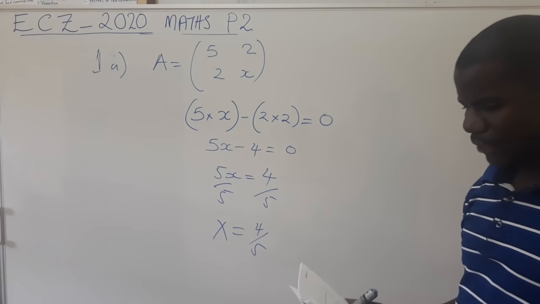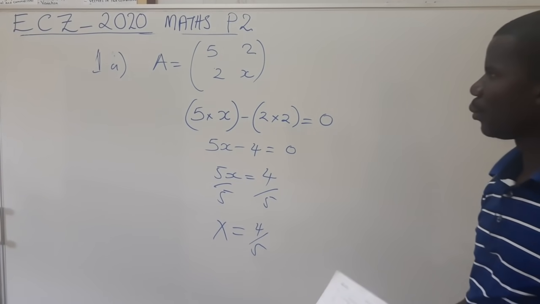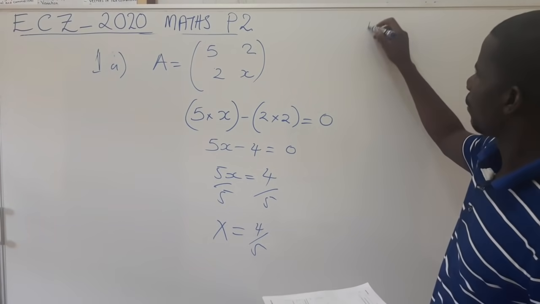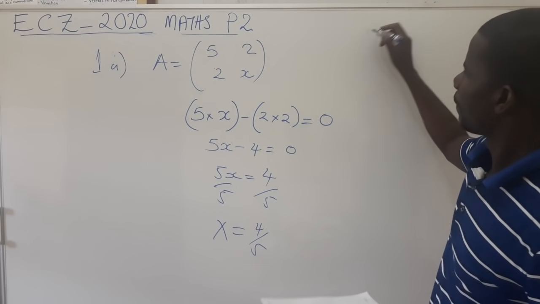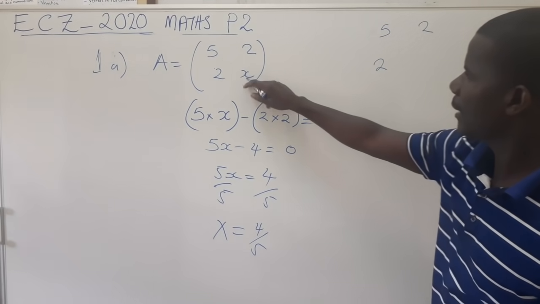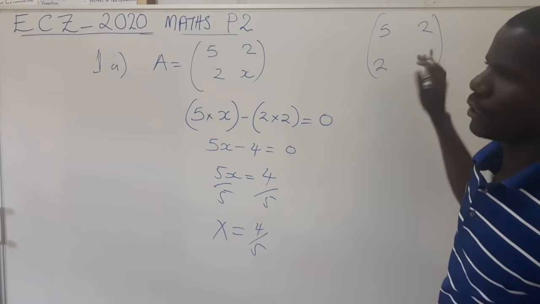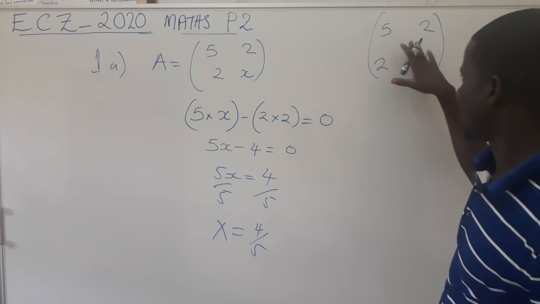Then the second question says, find the inverse of A if x equals 1. So the matrix is 5, 2, 2, and x equals 1, so you put 1 here. We want to find the inverse of this matrix.